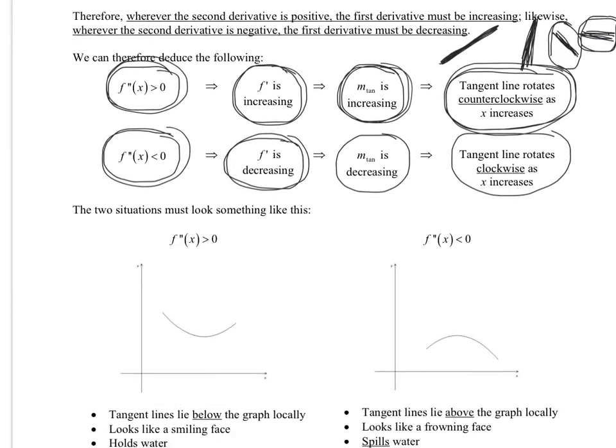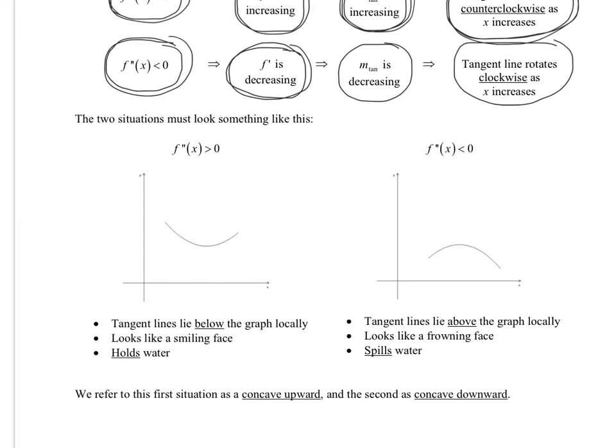So if we scroll down just a bit here, we see these two situations both illustrated. In this graph on the left, as you travel from left to right, the tangent line would have to rotate counterclockwise.